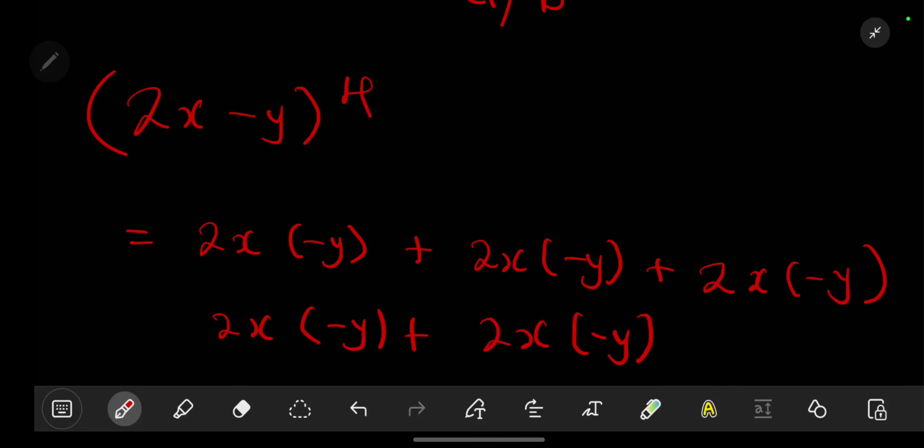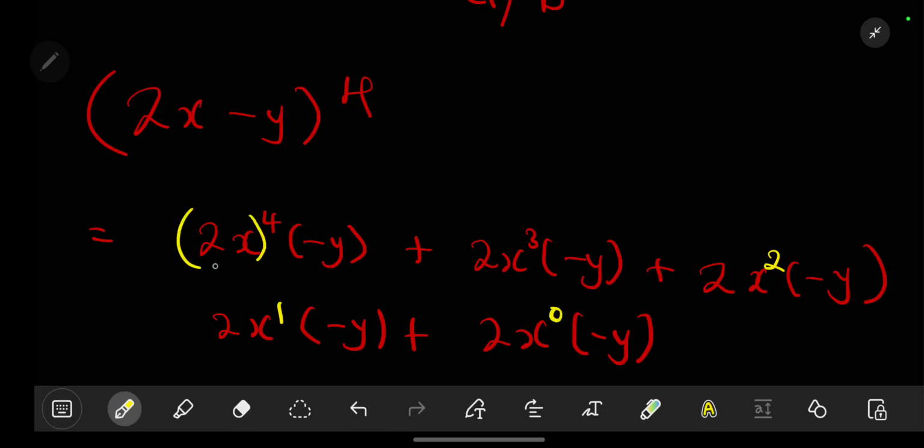Then the power will be reducing, the normal thing as in Pascal's triangle. So your power is 4, your power is 3. Let's change the color. From 3 we are going to have 2, then 1 and 0.